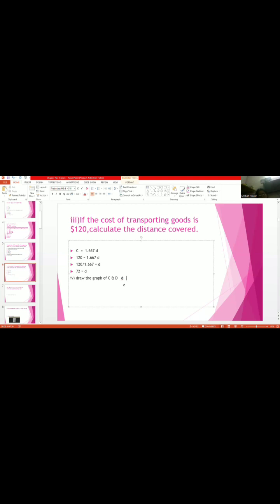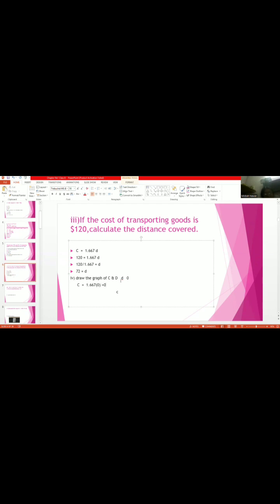So we can take at least two values for drawing it. First I take the value of D equal to 0. Look here, this one is the connecting equation. So instead of writing D, I put its value, 0. And any number multiplied by 0 is also 0.